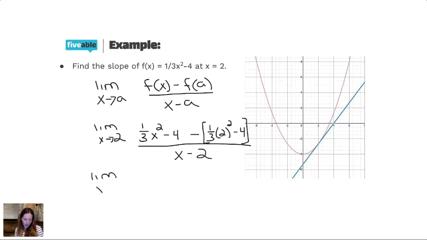So let's clean that up a little. So here we have, let's see, 2 squared is 4. So we have minus 4/3 plus 4.